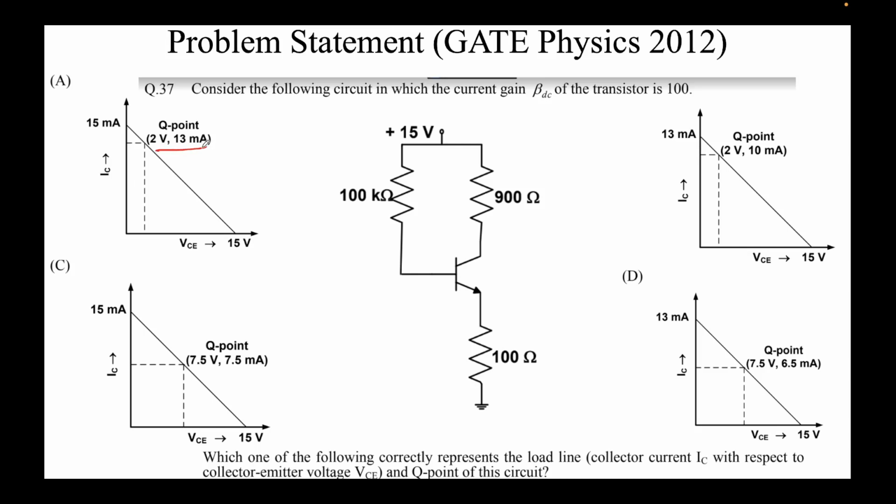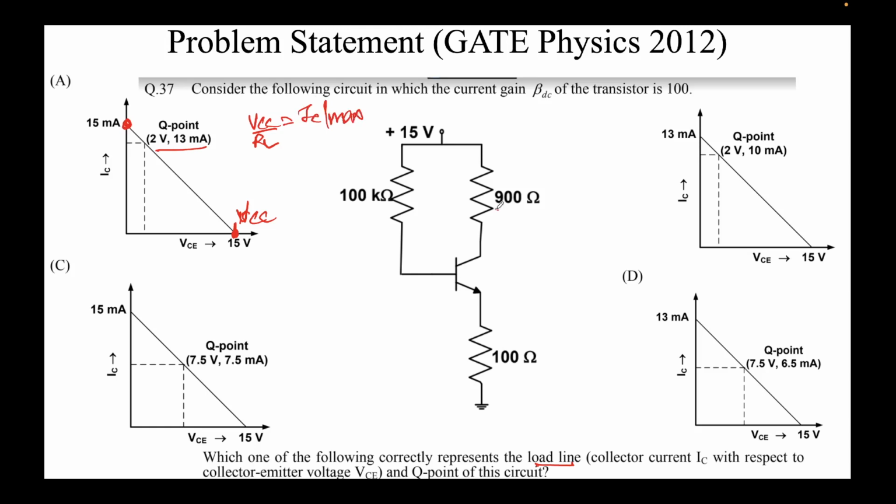Now the second part was the load line. We just discussed that the x-intercept is nothing but VCC, so VCC is 15 volts. And this point is nothing but VCC over RL, which I told you is IC max for the load line.